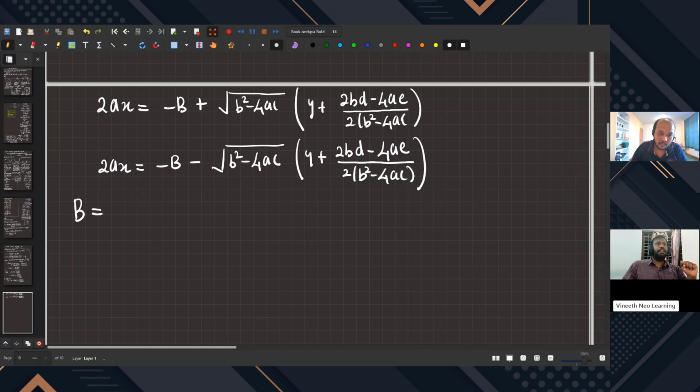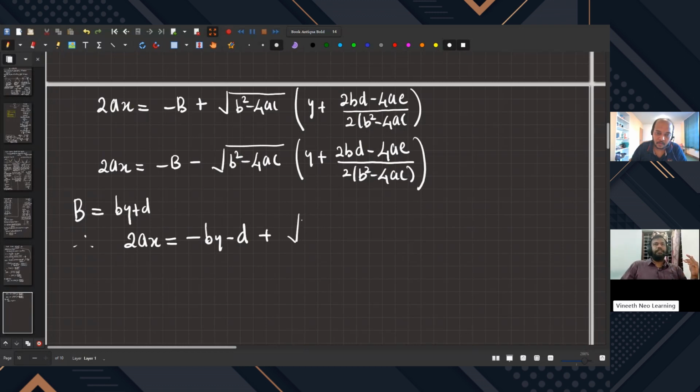the actual value of b here. We know that b equals by plus d. Therefore, we get 2ax equals minus by plus d. So minus by minus d plus square root of, and we will just distribute the square root of b squared minus 4ac into the bracket.